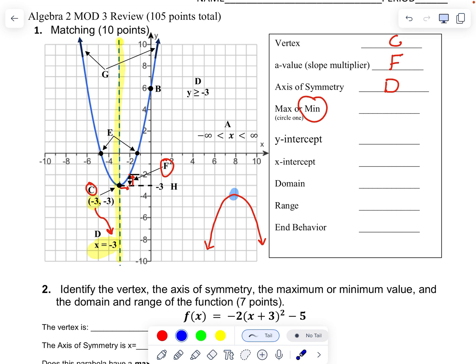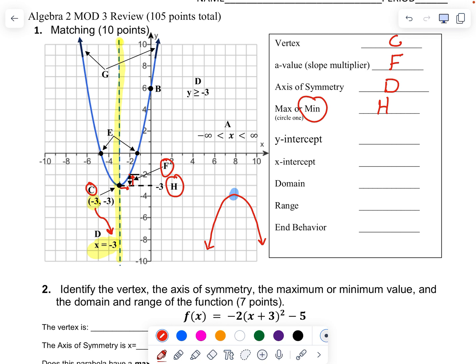Notice if the parabola was flipped upside down, it would go up to a maximum point, the hilltop there, and then go back down forever. So the letter for this one is H right here, because it goes down to as low as -3 on our y scale. There's no more parabola after -3, going below -3.